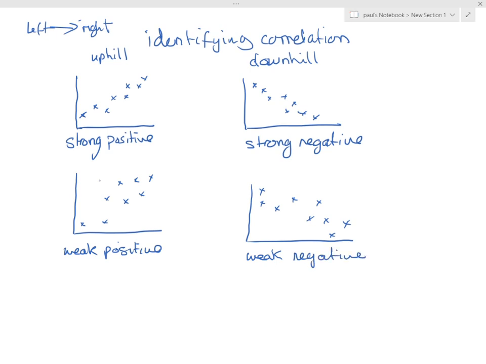And of course this one down here, which I haven't drawn yet, this is just going to be nothing, none. No correlation whatsoever. Okay, so there's your scatter graphs, part 3 of lesson 15.